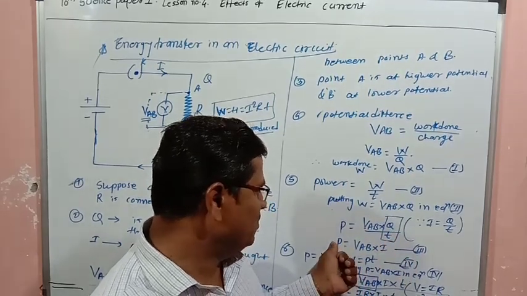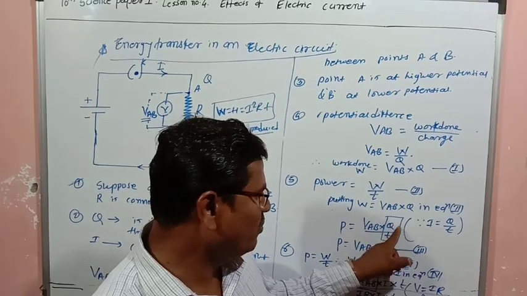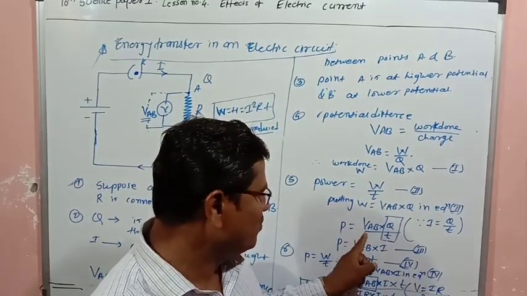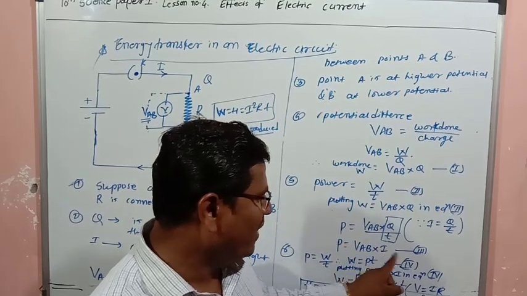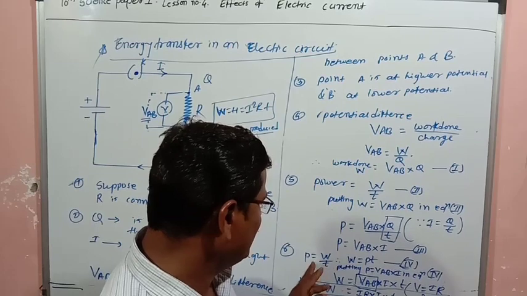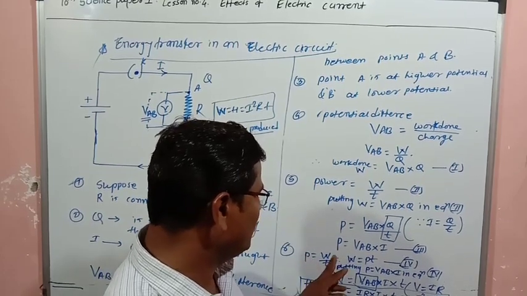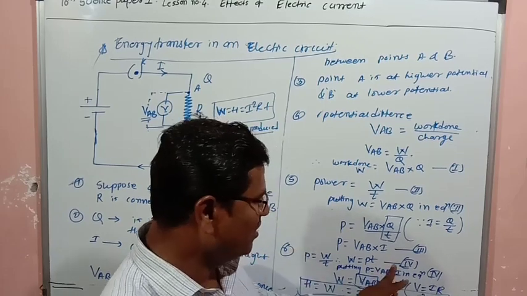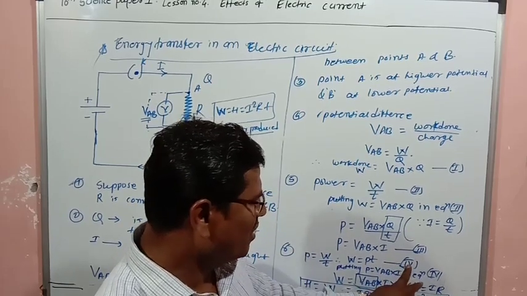So P is equal to V, but Q upon T is current. So P is equal to VAB into I, equation number 3. Again, P is equal to W upon T, and W is equal to PT, this T will go to this side, so you get the 4th equation.